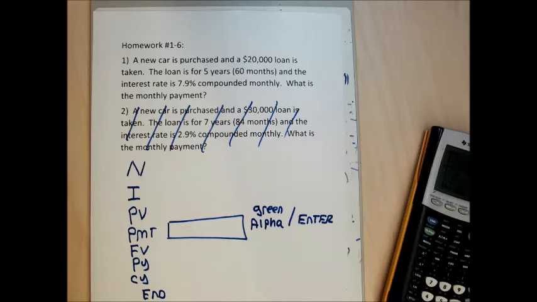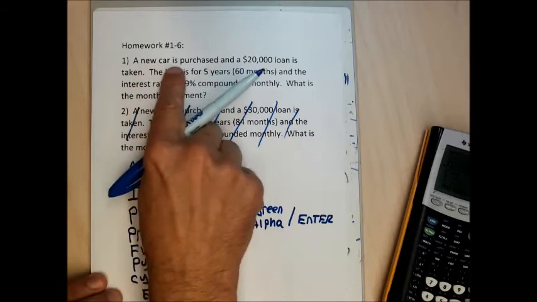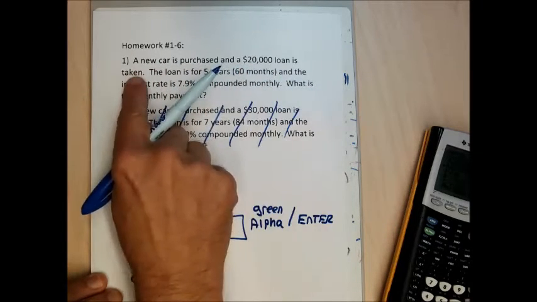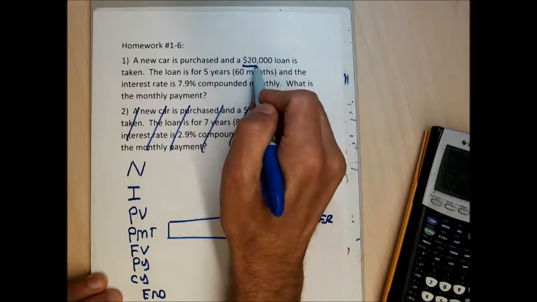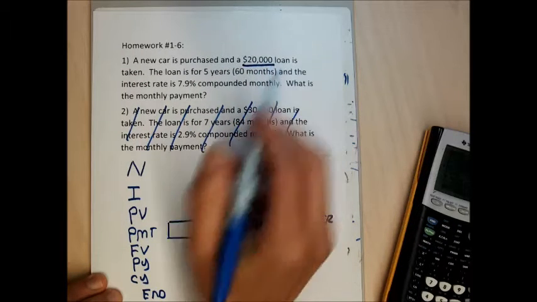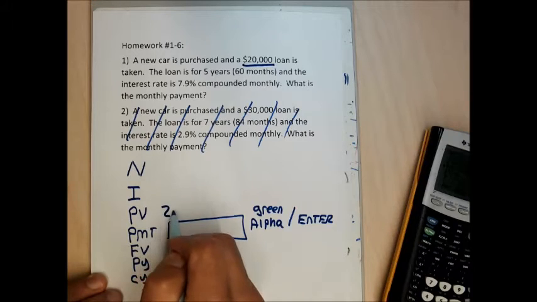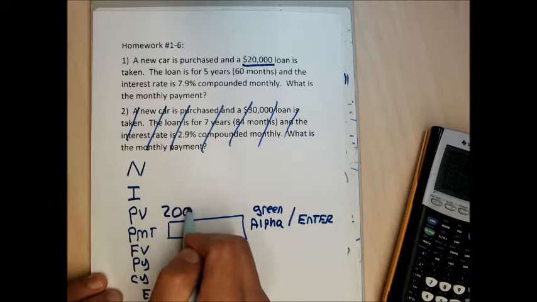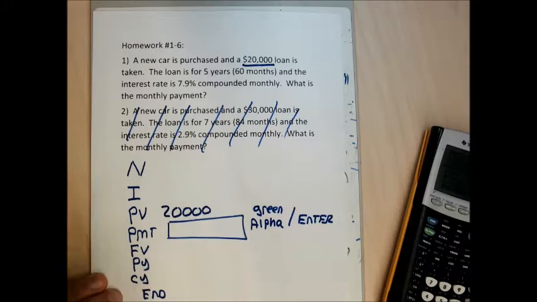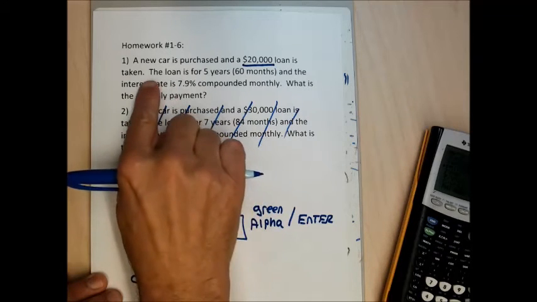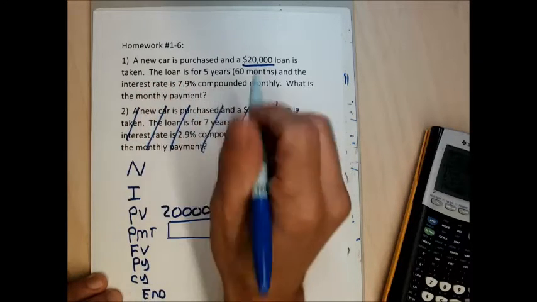So if I read through this problem, I might be able to fill up what goes on my TVM Solver screen pretty quickly. So a new car is purchased and a $20,000 loan is taken. The loan amount, if I'm trying to figure out a payment, goes in as the PV. And because it's money that's given to me to pay that car off, I'm going to put it into the PV. The next thing I see, the loan is for 5 years or 60 months.